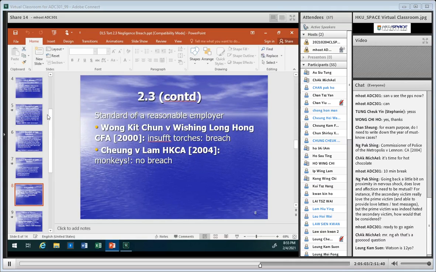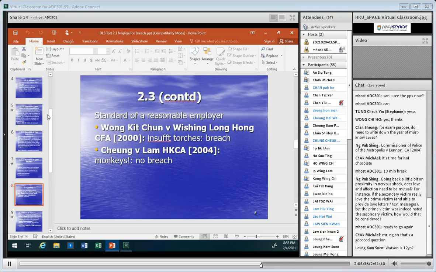But the employer argued there was contributory negligence in Wishing Long Hong and actually succeeded in that. We'll see contributory negligence is a partial defence to a claim for negligence. I think in Wishing Long Hong the quantum of damages was reduced by about 10%. So, a good case.